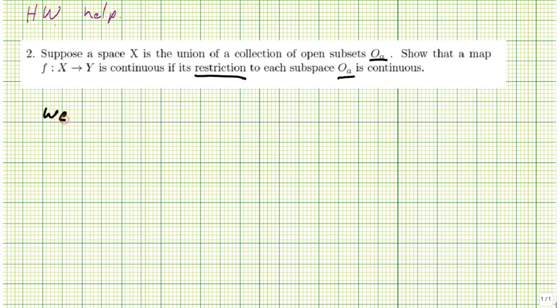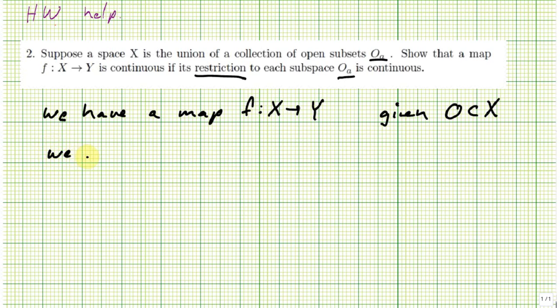So we have a map that maps from X to Y for the whole space, and given some open set in X, we can consider F applied to just that open set.